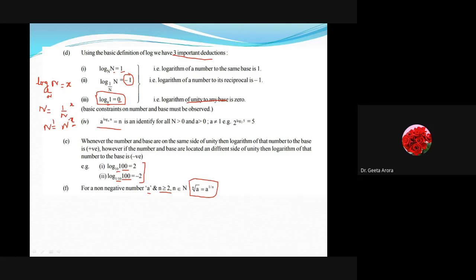Square root of a means a raised to power half. But if we are looking for the nth root, how to pronounce it? This is the nth root of a. Nth root means a raised to power 1 by n, where n can be any number greater than or equal to 2. Because we know if it is 1, then it is just a. Okay, so this is what we have talked about.